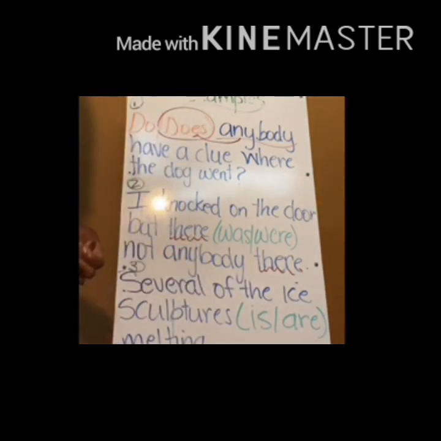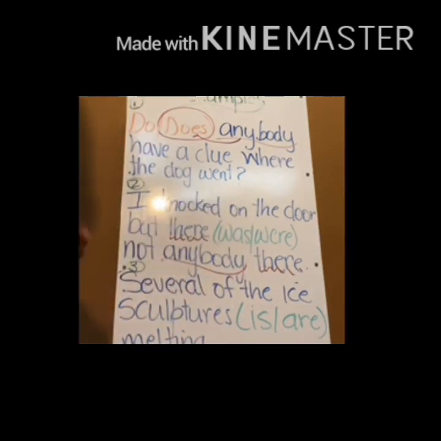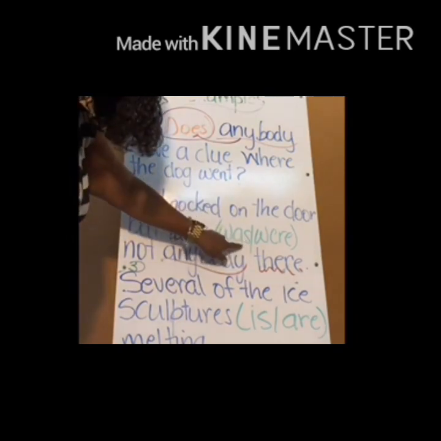Now, look if you can find your indefinite pronoun. What's the indefinite pronoun in that sentence? If you said anybody, then you are correct. Again, if we look at the chart, anybody is singular. So if the indefinite pronoun is singular, then we need the singular verb. We have was and were.